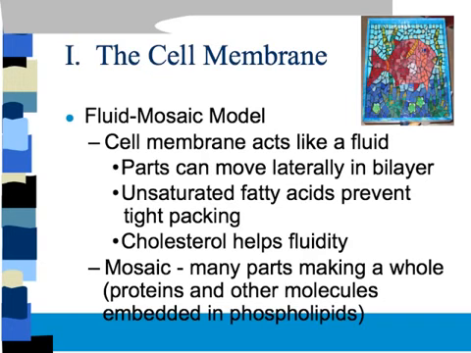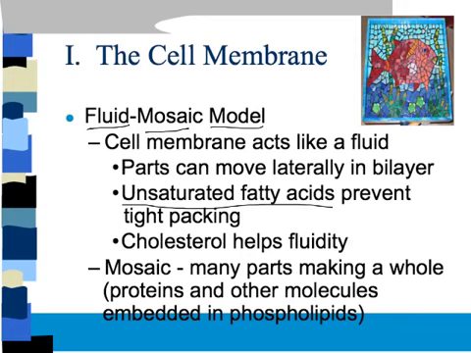So finally, the last thing about the cell membrane I want to mention is to talk about this fluid mosaic model a little bit. We saw this earlier in the unit, but basically this is the idea that the cell membrane kind of acts like a fluid. All the parts can move laterally, which just means side to side, in the phospholipid bilayer. Because the cell membrane has some unsaturated fatty acids in its phospholipids, those kinks prevent tight packing, so the membrane is very fluid.